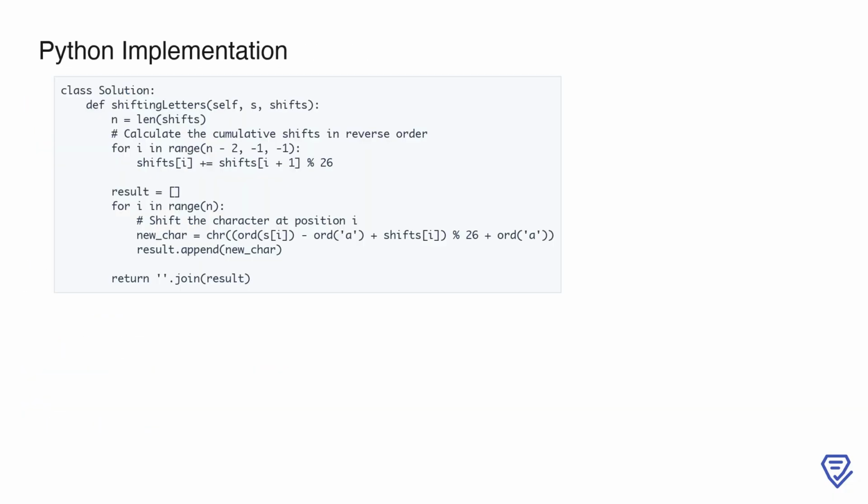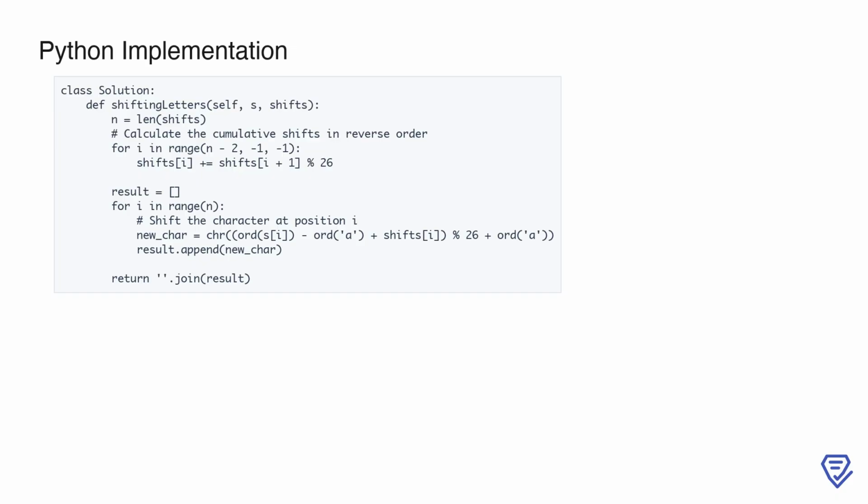This implementation solves the shifting letters problem efficiently using a reverse cumulative sum approach. Here's a step-by-step breakdown. 1. Input parsing. The function takes two inputs, s, a lowercase alphabetical string, and shifts, a list of integers representing the shift values for each character in s. 2. Cumulative shifts calculation.